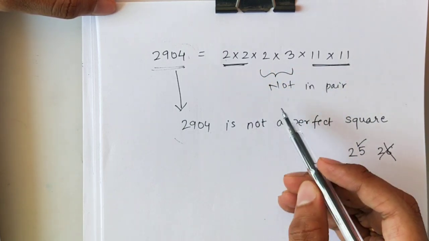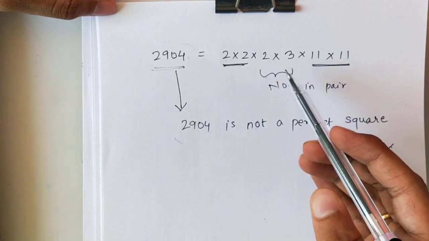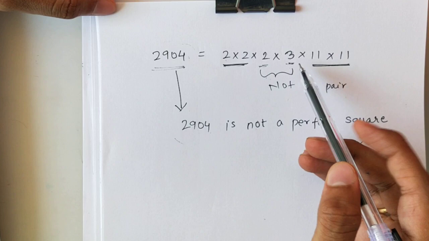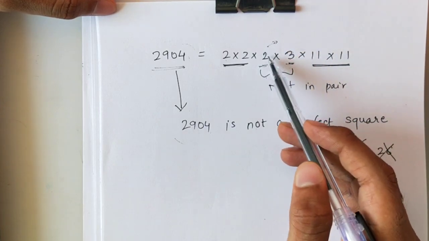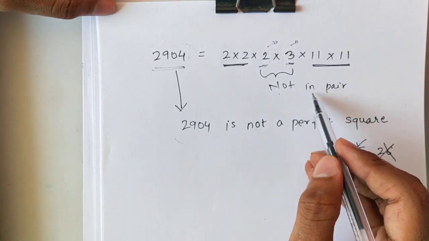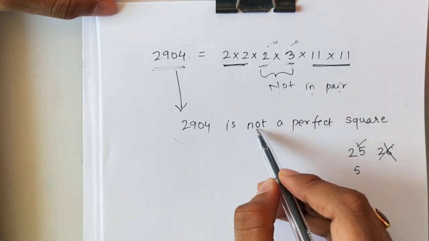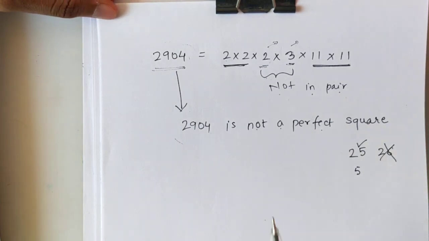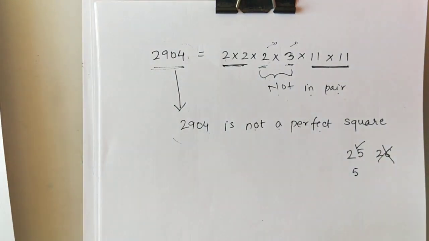But if we are not able to make pairs, like in this case, we got 2 and 3 alone. They don't have any pair with them. See, this 2 is alone, this 3 is also alone. They don't have a pair with them. So if they are not in pairs, that means they are not a perfect square.